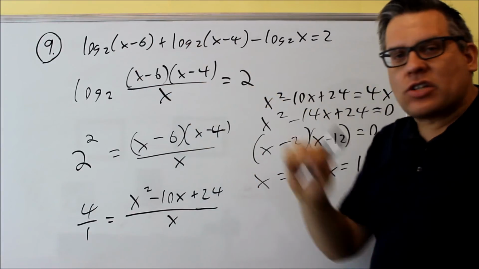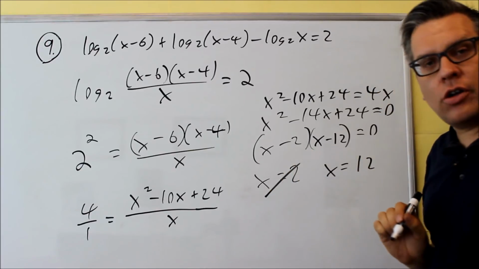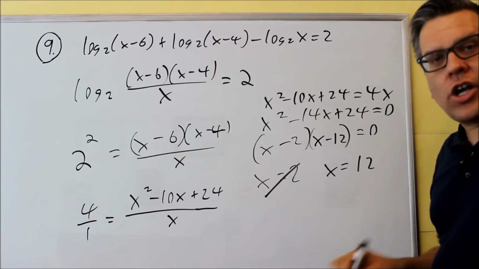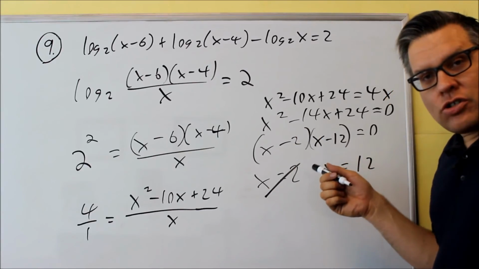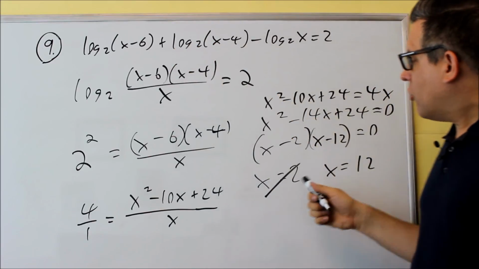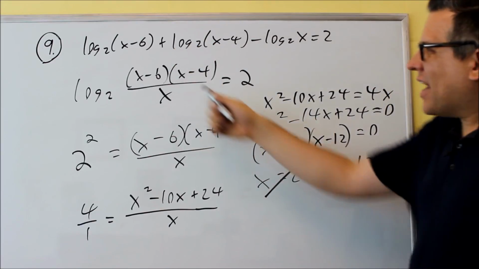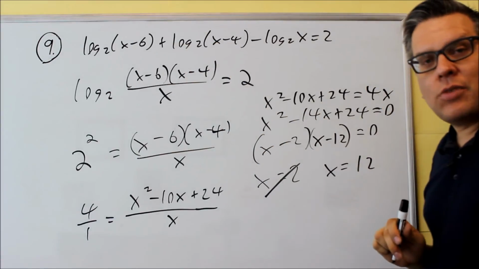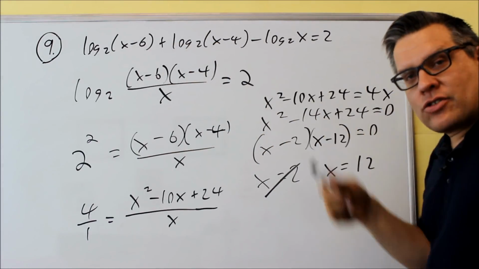If I get a negative inside the log, I have to eliminate that one as one of my answer choices. If you put 2 and 12 and don't do a check, you're going to get a point deduction on that, because again, you have to make sure you check them back in the original one. So if this number makes anything inside the parentheses negative, it doesn't matter which of the logs, that means that answer cannot be used.